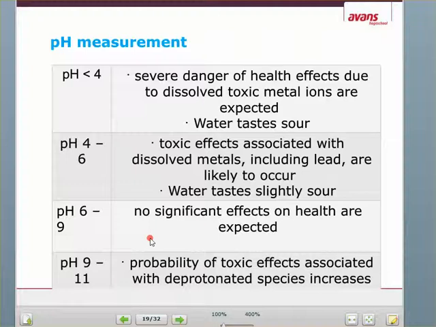So a pH above 9 means there's a lot of OH, and so it will attract an H from another molecule, for example, an amino acid. And a normal amino acid will certainly be no problem, but a deprotonated amino acid can cause health problems. So that's why pH above 9 can be bad.